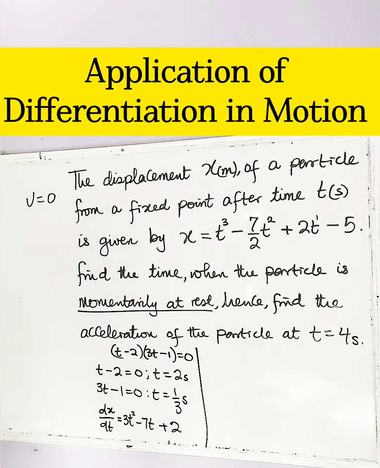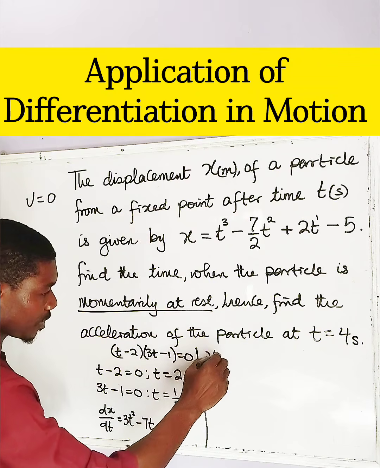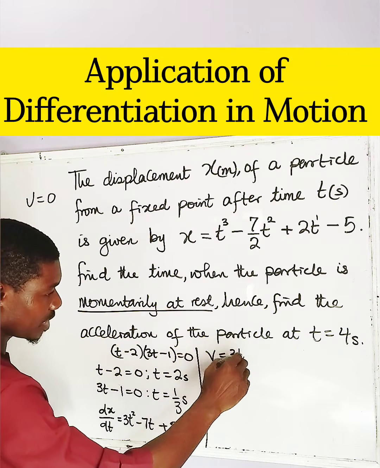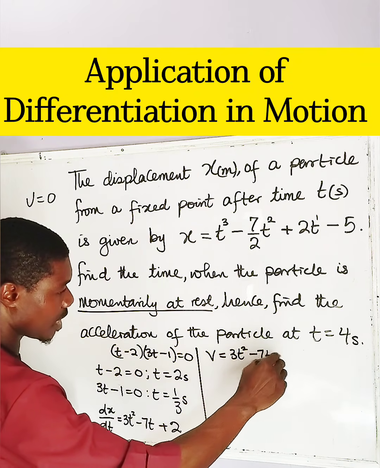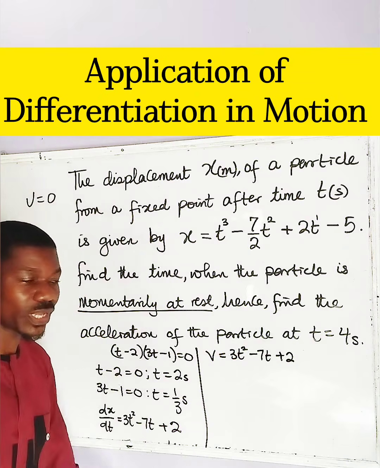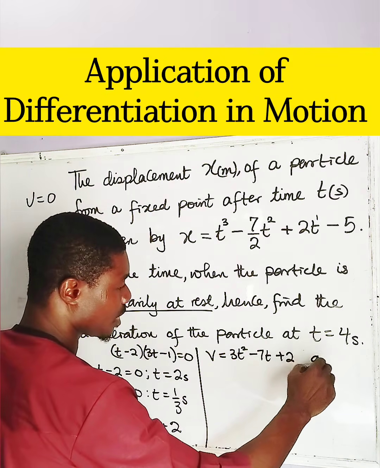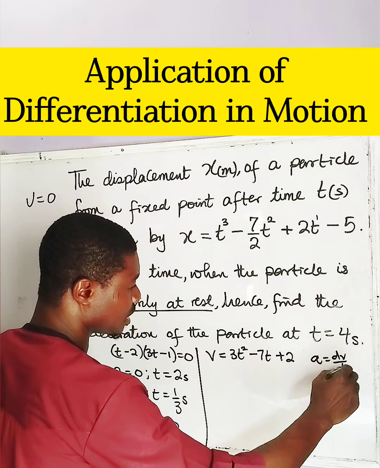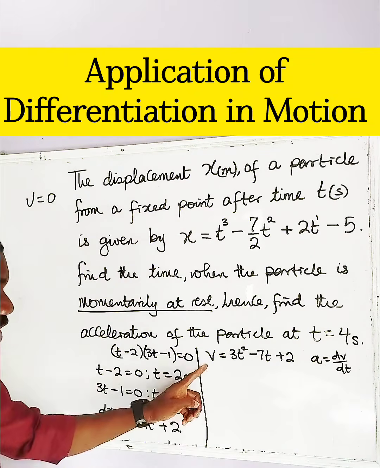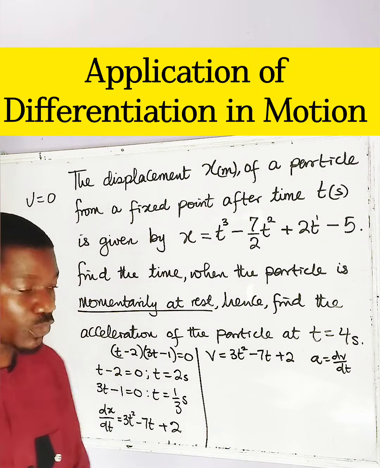Now for us to find the acceleration, we also need to differentiate this. Take note that acceleration itself is dv over dt, which implies we will need to differentiate v with respect to t.